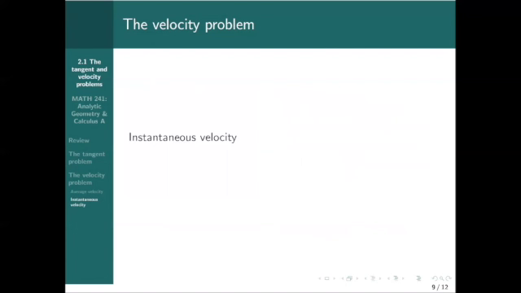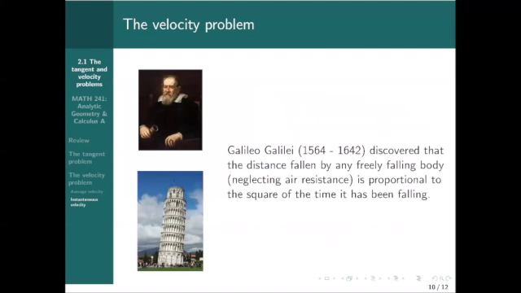Now let's move to the discussion of the instantaneous velocity. Galileo, the scientist in the top picture, did an experiment at the Tower of Pisa, which is in the picture below.